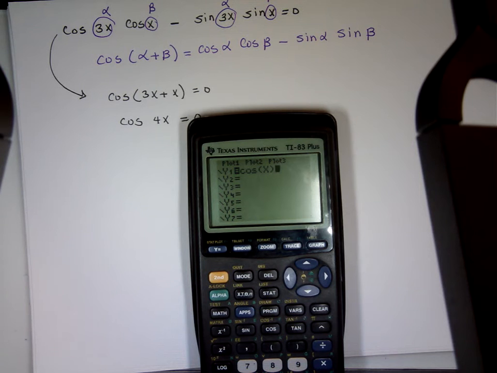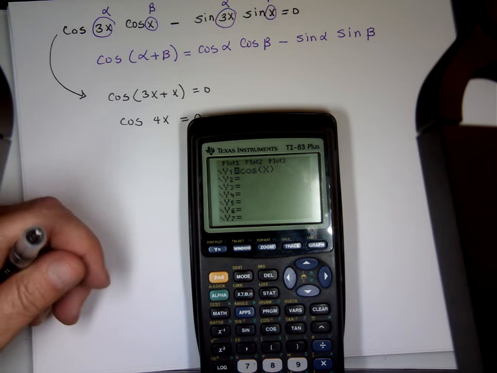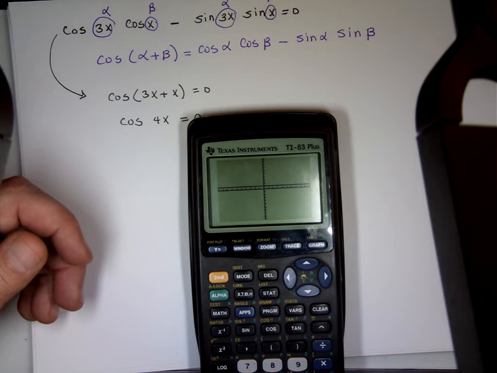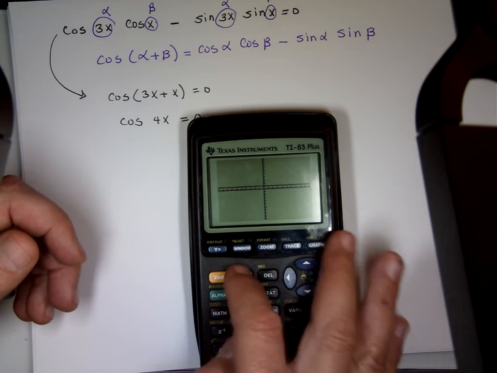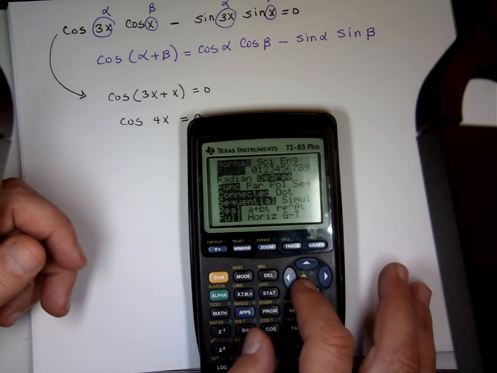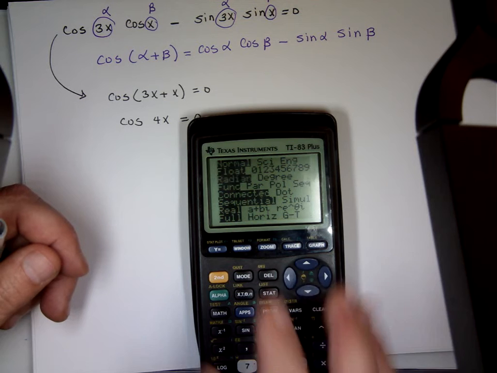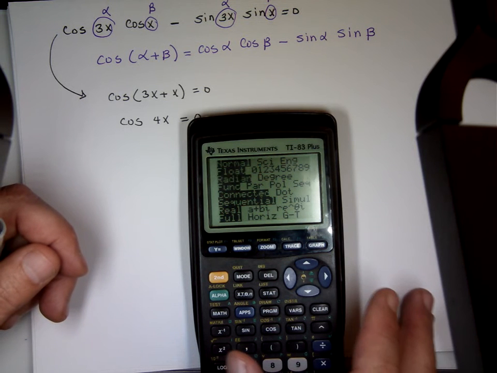Good enough. I'm going to say cosine x. I want to graph it. But before I do that, because if I go graph it, you're not going to see anything. Why? I got to make sure I'm in radian mode. Notice I got to go to radian. Hit enter. I'm in radian mode. And that wasn't enough. Let me go to my window.